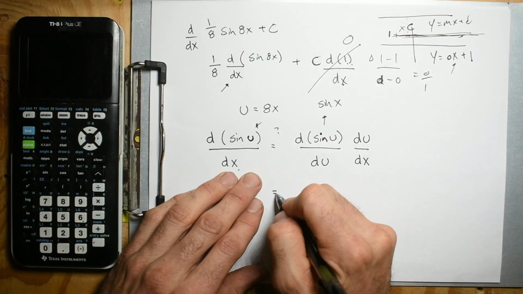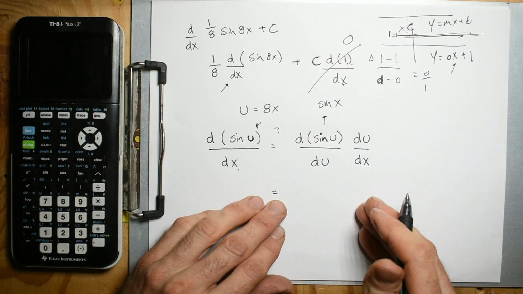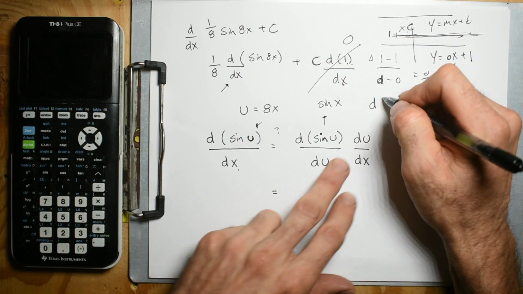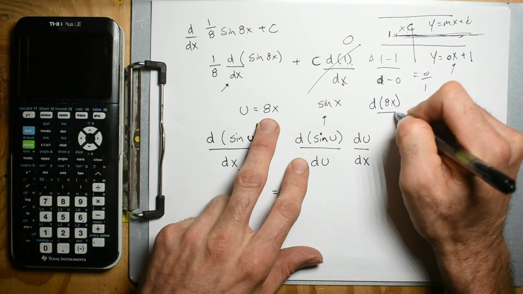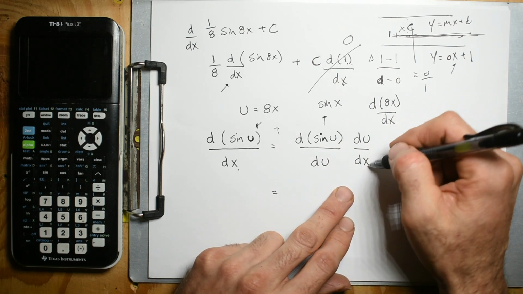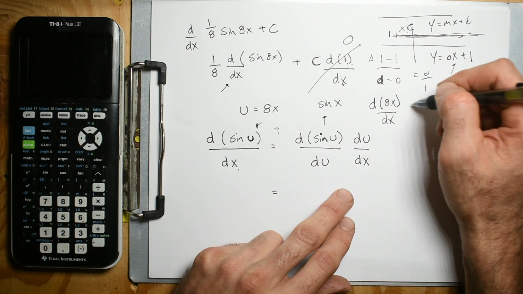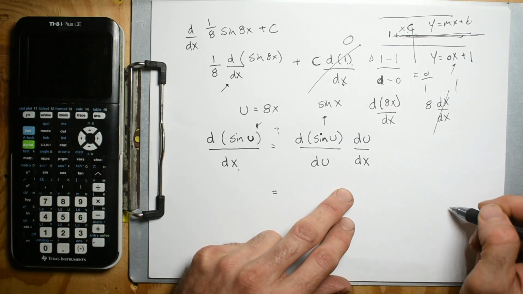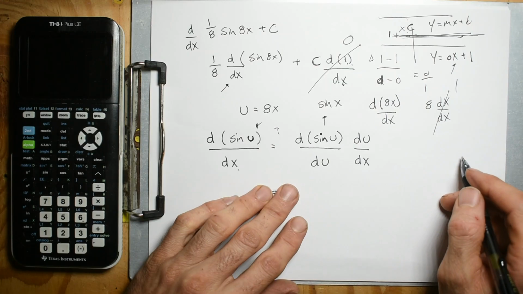And this is the critical part: probably right here put in that this is 8x, with respect to x. Because, hey, I can do that. du/dx. And so, hell yeah, break out the constant, dx/dx. This is just 1. And so, hell yeah.